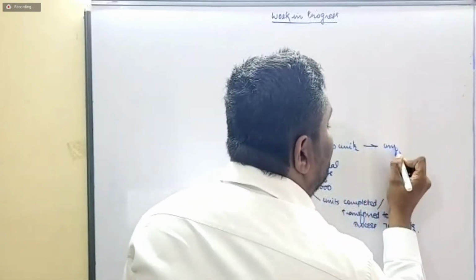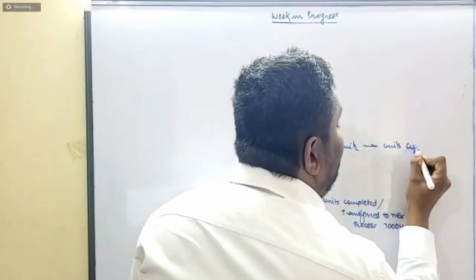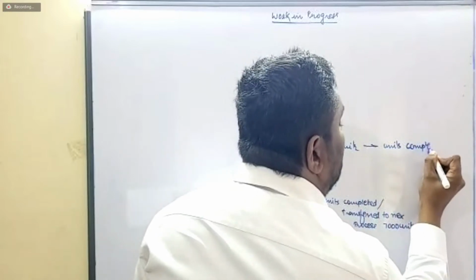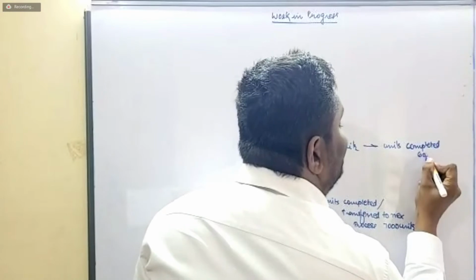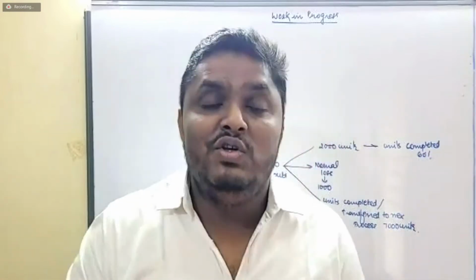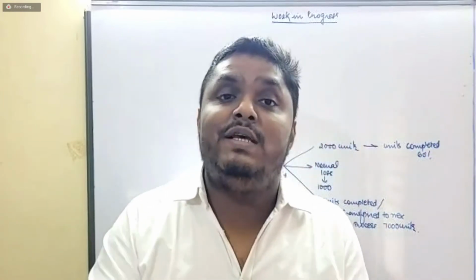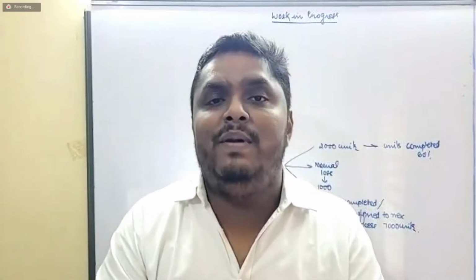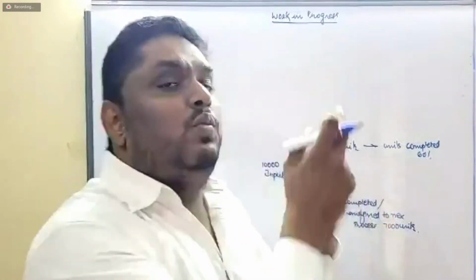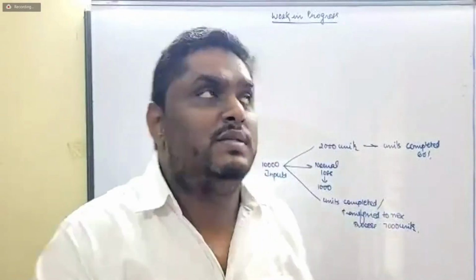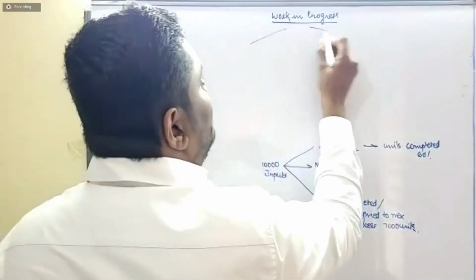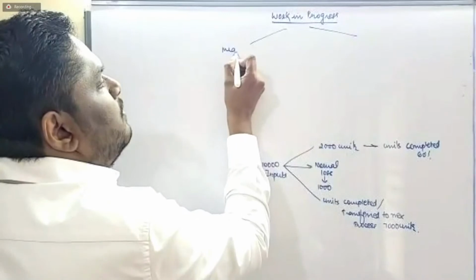Let's say the 2,000 units that we have left are completed 60% only. So these units are still in process, and 60% of the work on them is complete. That is what we call work in progress or units in process. What is work in progress?